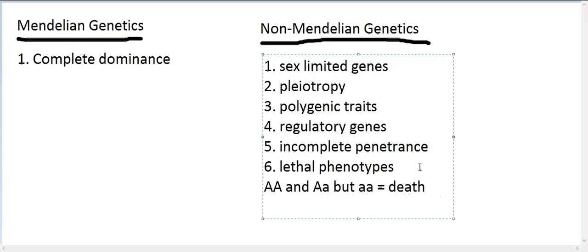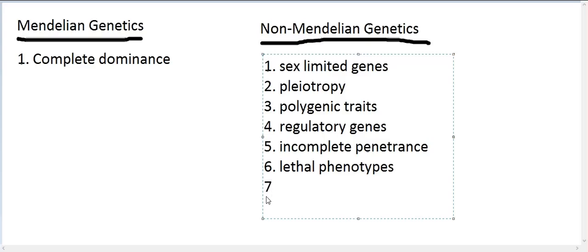So instead of getting one of this to two of this to one of recessive, all you end up getting is one of this out of 3 and 2 of this out of 3. So you get 1/3, 2/3. You never see the rest. So that also skews the phenotypic ratios, and so on and so forth.